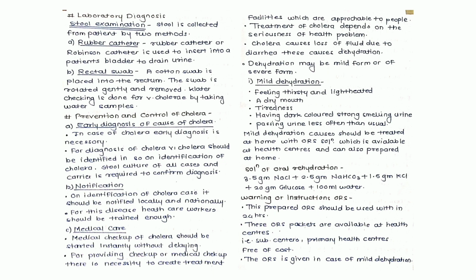The following are the medical care measures for cholera. Rehydration therapy. The most important aspect of medical care for cholera is rehydration therapy, which involves replacing lost fluids and electrolytes in the body. This can be done using oral rehydration salts, ORS, or intravenous fluids in severe cases.